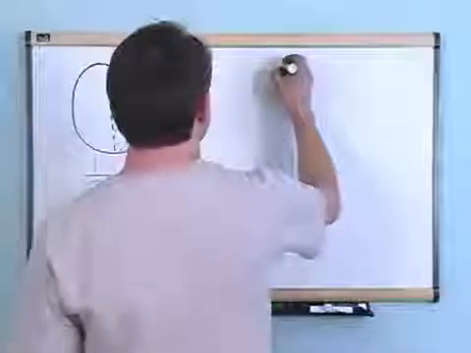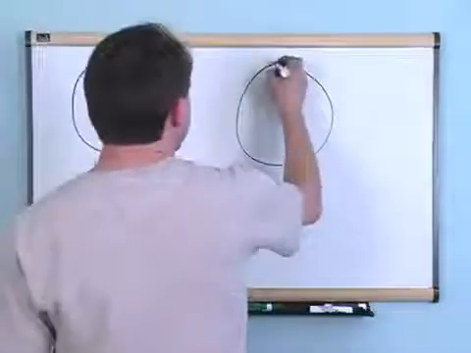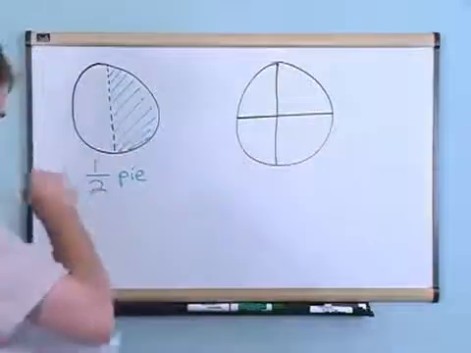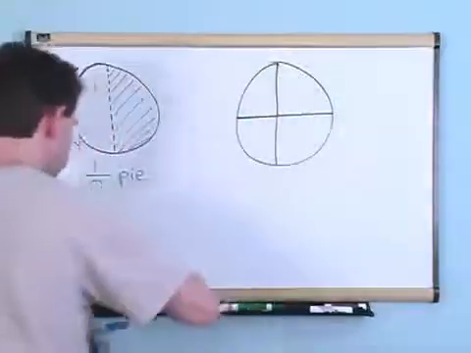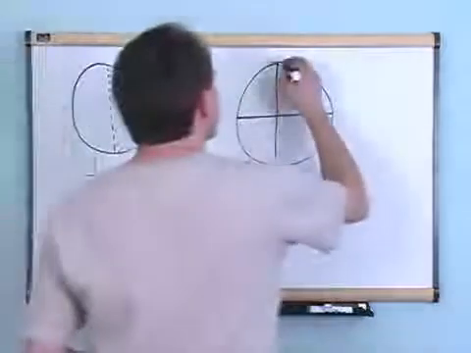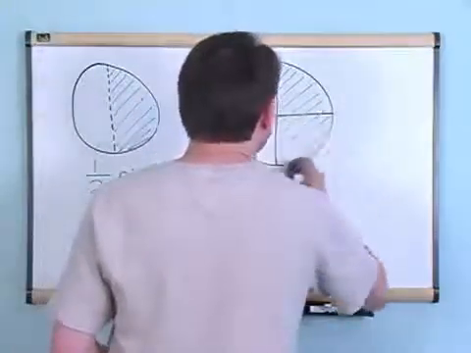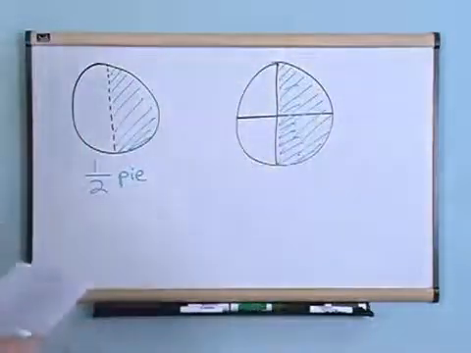What if I have another pie and I cut it again just like in the previous board like this, okay? But I don't just take one piece of this pie away. I take 2 pieces away. So I'm going to take all of this. I'm going to take 2 pieces of pie and I've cut it into 4 pieces.